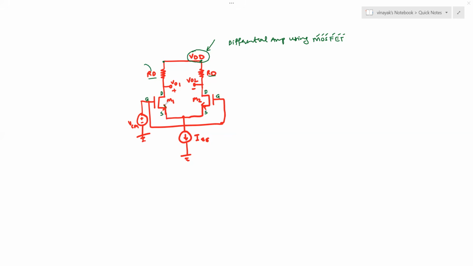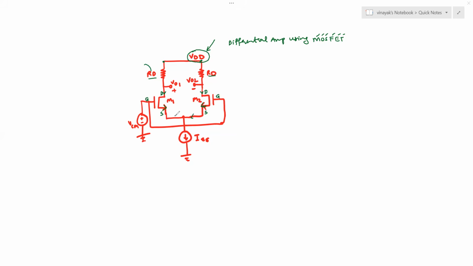The direction of the arrow in the MOSFET indicates the current is flowing from drain to source. It is coming inside the transistor from the drain terminal and leaving the transistor from the source terminal.